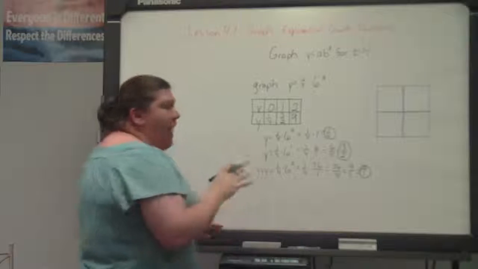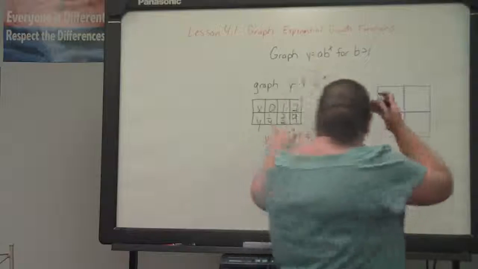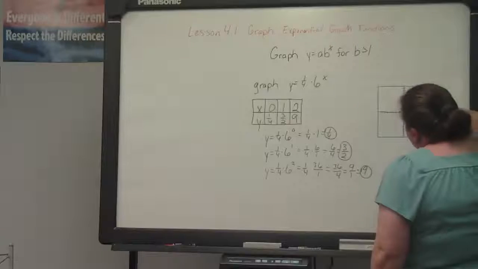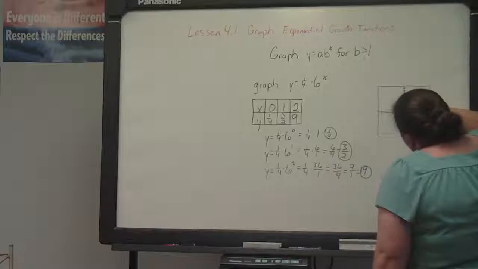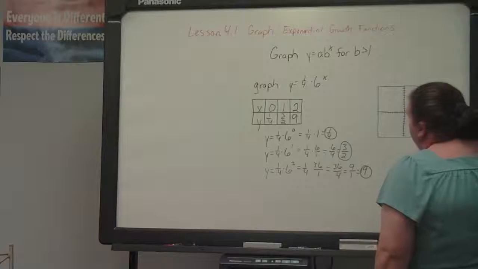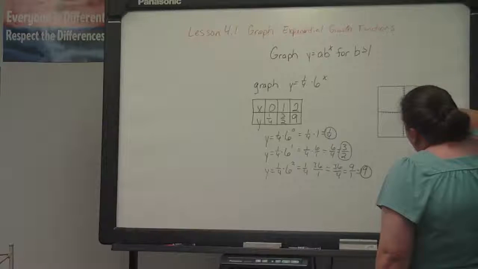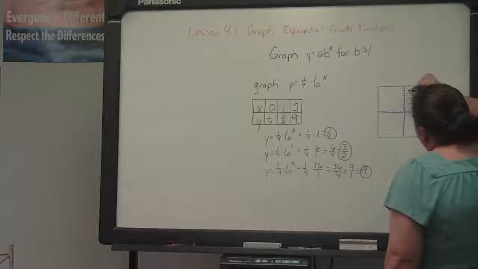Once I have that, I'm going to go ahead and graph it. I have 0 and up 1/4, so it's going to be about right there. And then I have 1 and 3/2, which is 1.5. So I'm going to go about right there. And then it goes 2 up to 9, which is right there.